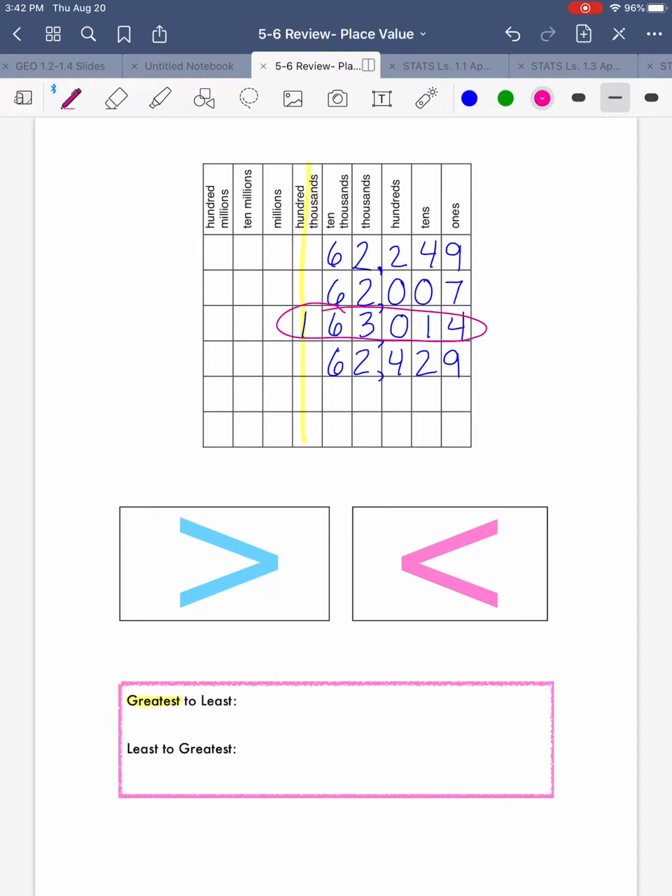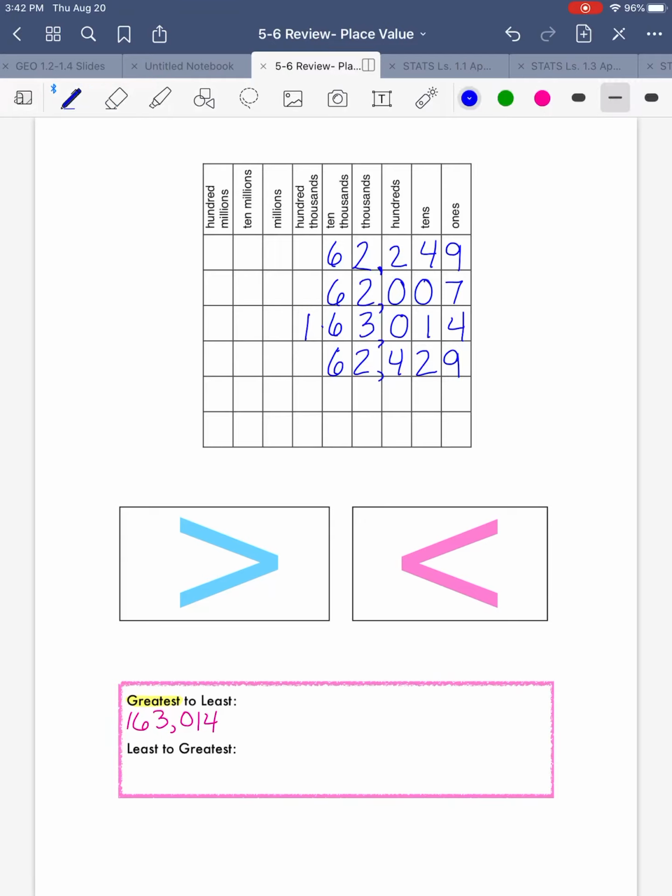That is the biggest number because the other numbers have nothing in that place value. So my first number in order from greatest to least is 163,014.